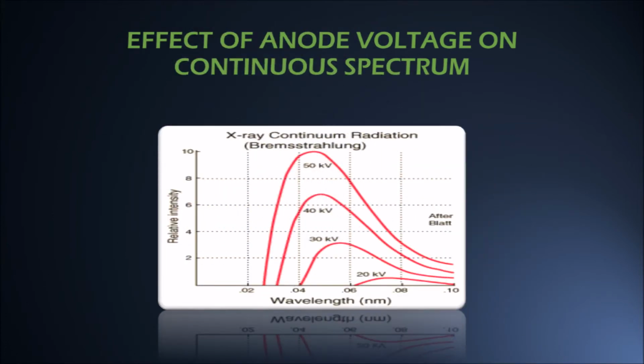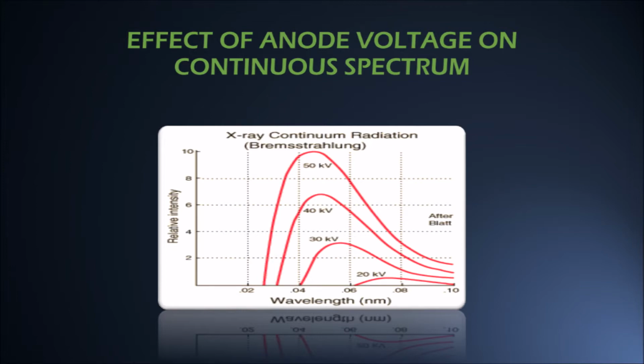Now let us see what is the effect of voltage on spectrum of X-rays. The graph shows that the value of cutoff wavelength becomes smaller with increase in accelerating voltage. The wavelength corresponding to peak value of intensity decreases with increase in accelerating voltage.